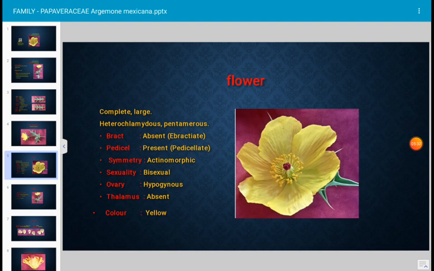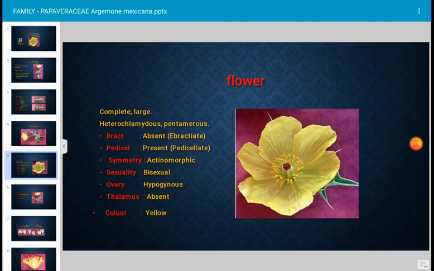Bract is absent at the base of the flower. If the bract is absent, the flower is described as ebracteate flower. Ebracteate flower occurs in Argemone mexicana, family Papaveraceae. And symmetry of the flower: the flower is symmetrical, hence it is described as actinomorphic flower.